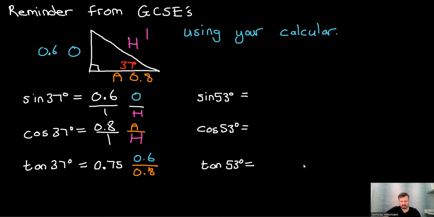What do you get when you put that in your calculator? 0.75, right? 0.6 divided by 0.8, do you get 0.75? Yes, you do.